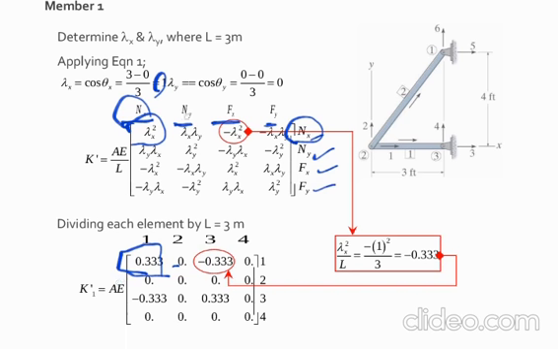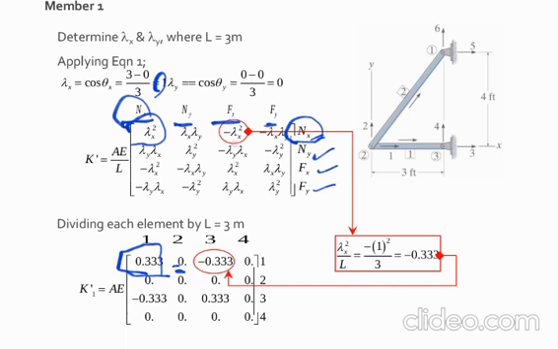Same with ny and nx: we have lambda x times lambda y, so it will be 0.